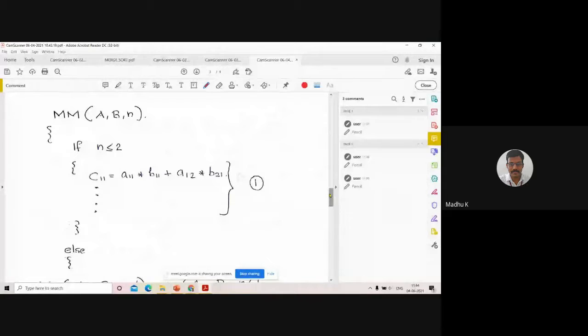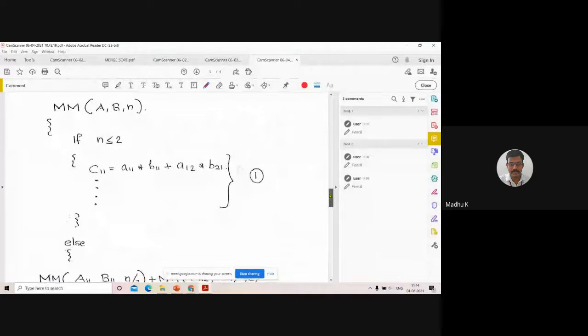So what we will do is, there are two matrices A and B, and their order is n. First, we will check if n is less than or equal to 2. If n is less than or equal to 2, it means it is a small matrix of order 2 by 2.